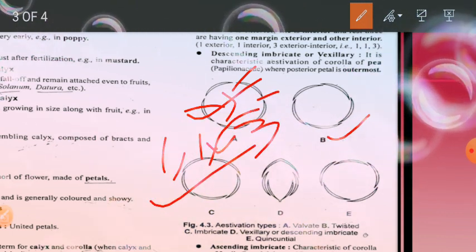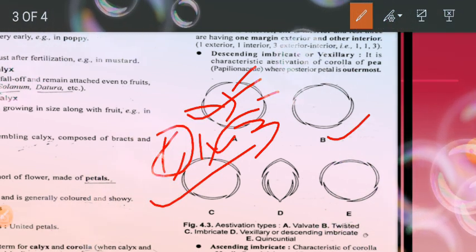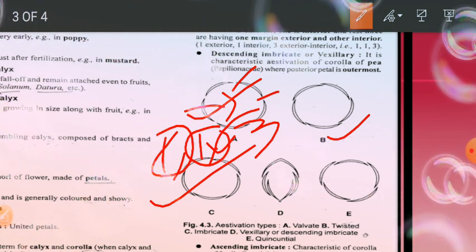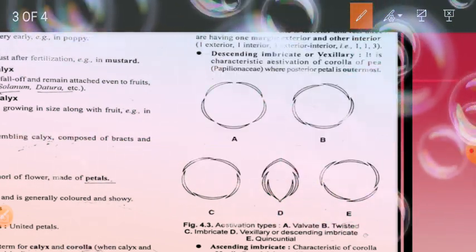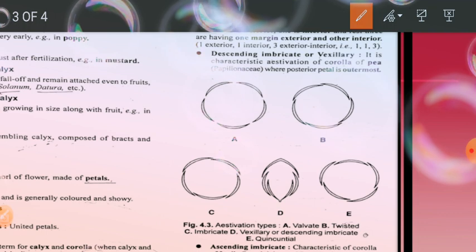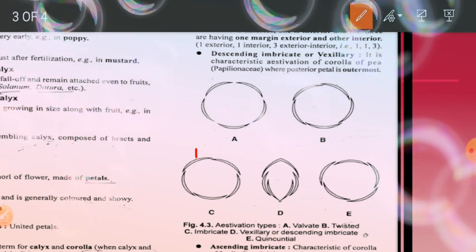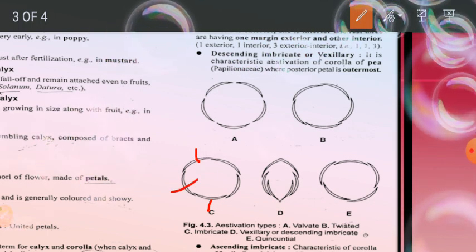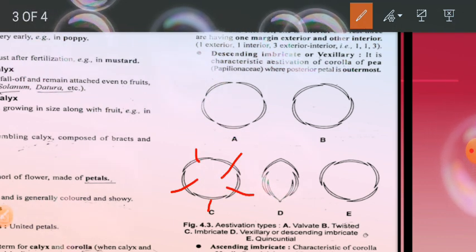It means in the estivation of the five parts, the first one is exterior, the second one is interior, and the rest of the three have one margin exterior and the other interior. We can see here clearly: one is totally exterior, one is totally interior, and the rest of the three, 1, 2, 3, have one margin exterior and one margin interior.